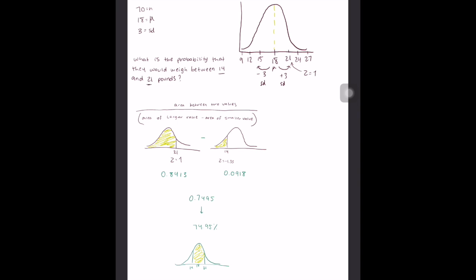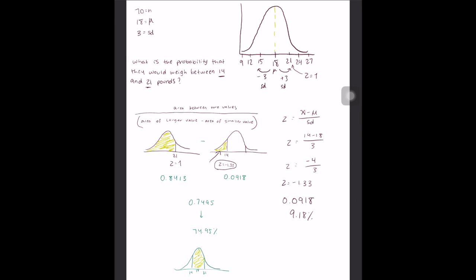We just have to find the z-score for 14. So we'll use our formula: x minus mu over standard deviation equals our z-score. So 14 minus 18 over 3. And now we have negative 4 over 3, which is the same thing as negative 1.33.